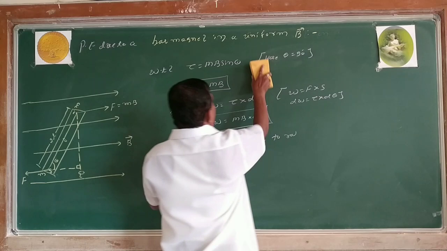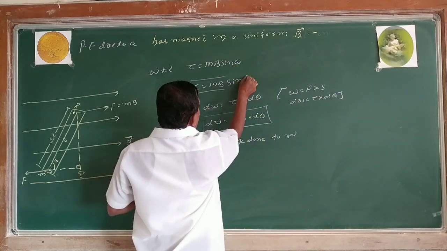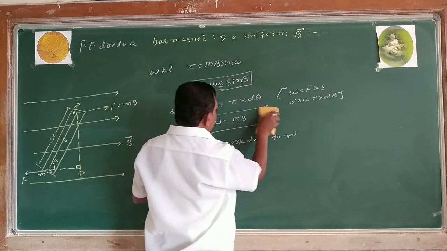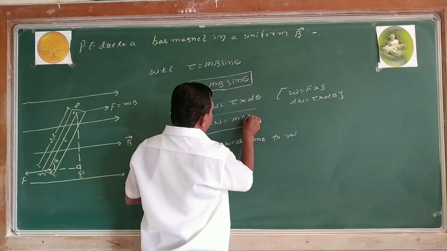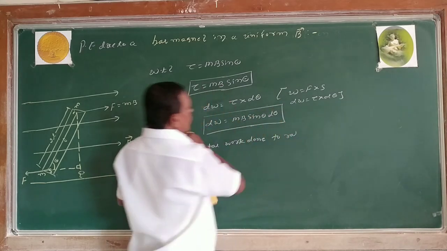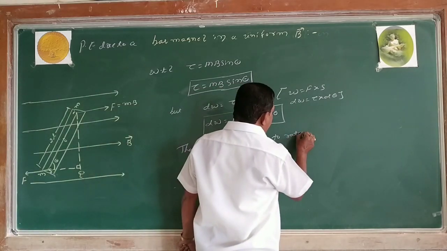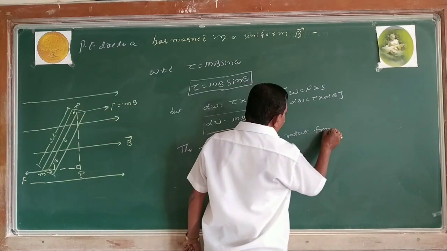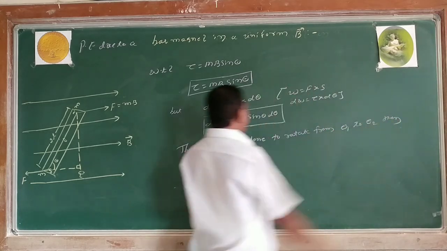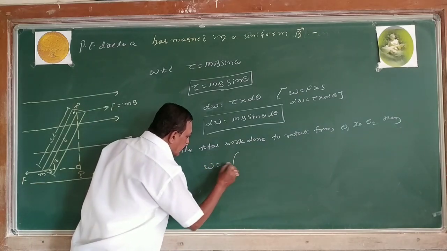So I keep it as it is, mB sin theta, and we can put the condition later. Write here mB sin theta with d theta. Total work done to rotate from theta 1 to theta 2 is the sum, that is the integration of the small work done.